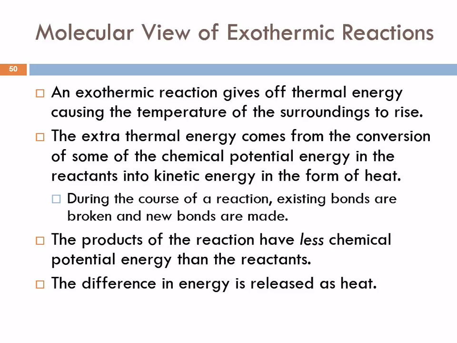Let's think about this on the molecular level. An exothermic reaction gives off thermal energy, causes the temperature of the surroundings to rise. Where does the thermal energy come from? Well, it comes from the chemical potential energy stored in the reactants.